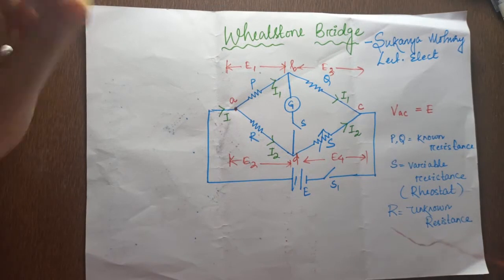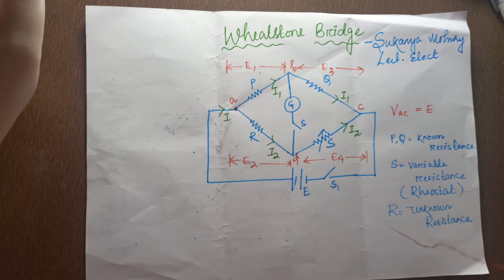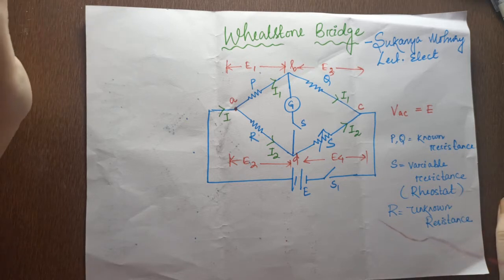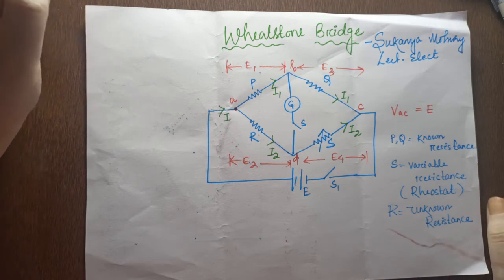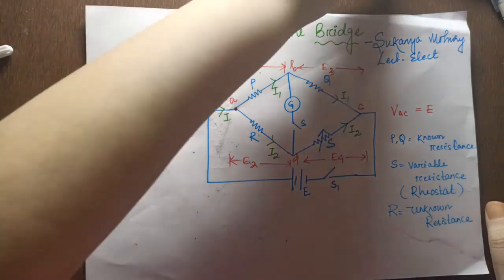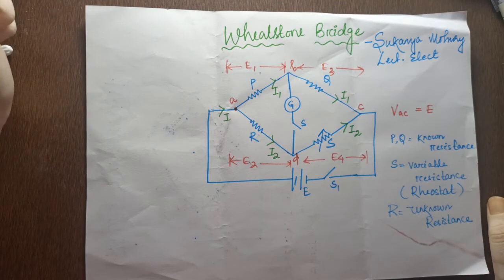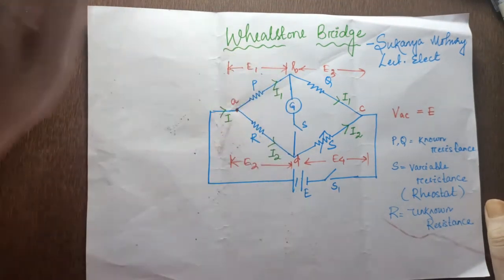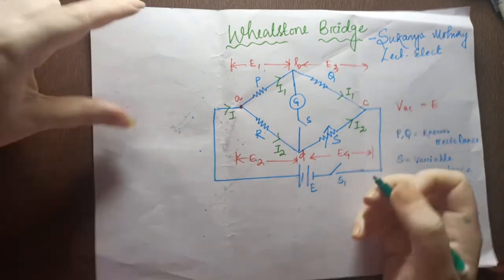So as you have studied in AC bridges, there also you are finding out the balanced condition. Similarly here also you are aiming to find out the balance condition, and here G represents the galvanometer.